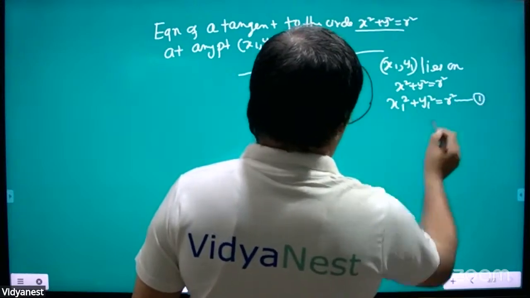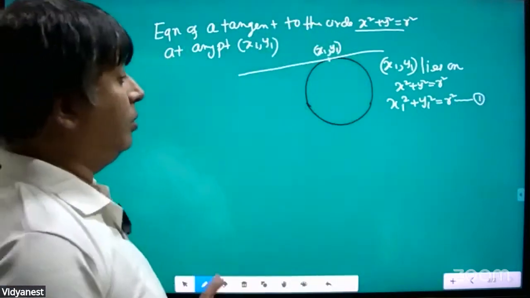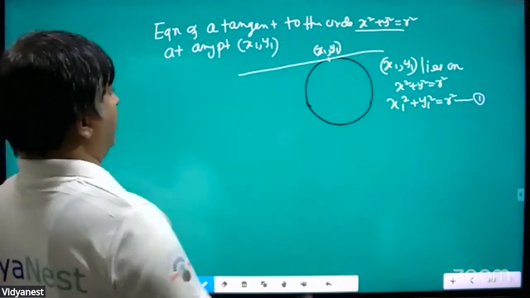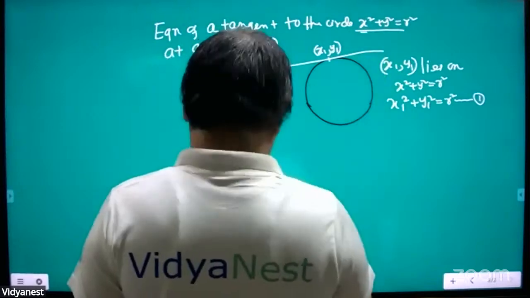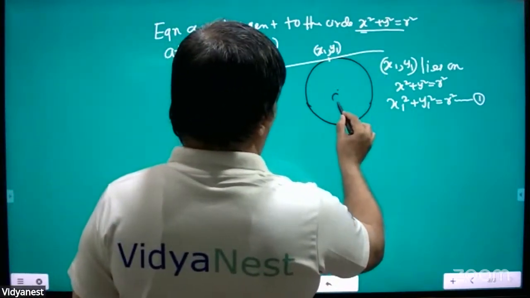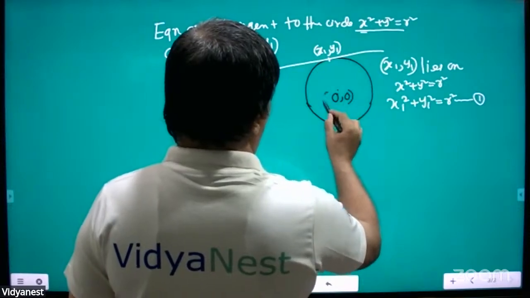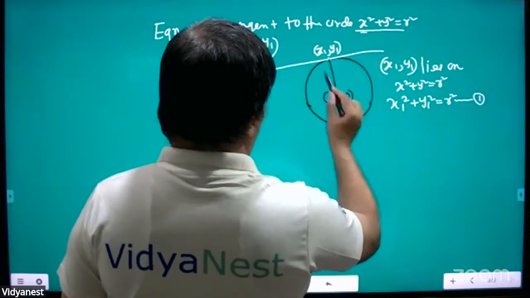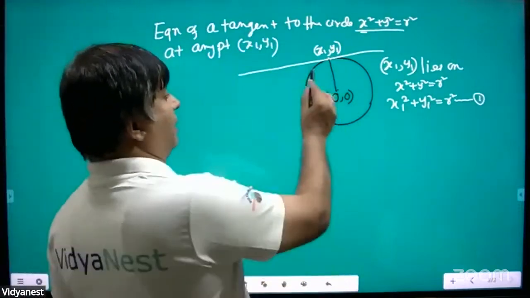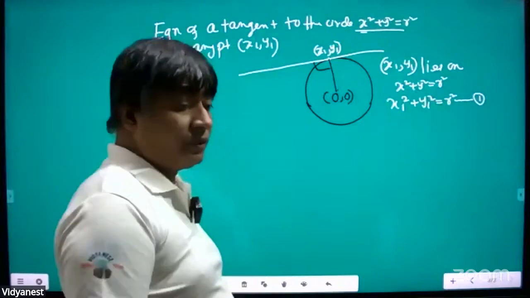That is a known value. Still, we don't know whether that value has some role or not. Now, if you get the circle of this form, then the center must be 0, 0. So join the point of contact to the center of the circle. Okay?